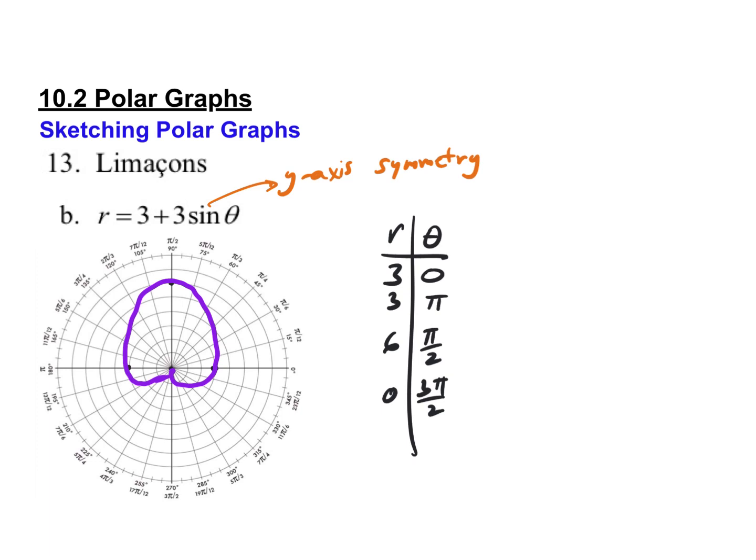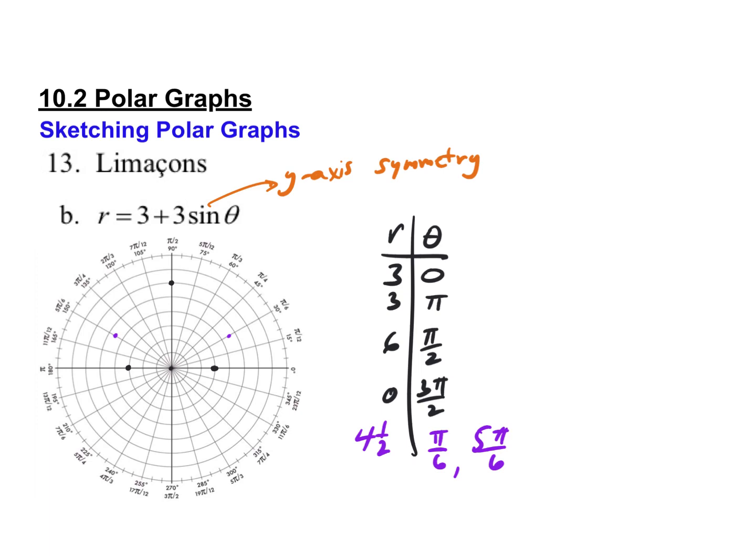When is sine 1/2? Pi over 6. When else is it 1/2? 5 pi over 6. So if this is 1/2, what's r? So we got 3 plus half of 3. Well, what is that? That's 4.5. Okay? So at pi over 6 and 5 pi over 6, the radius is 4.5.